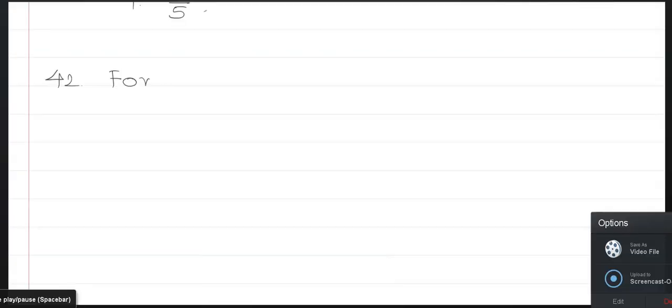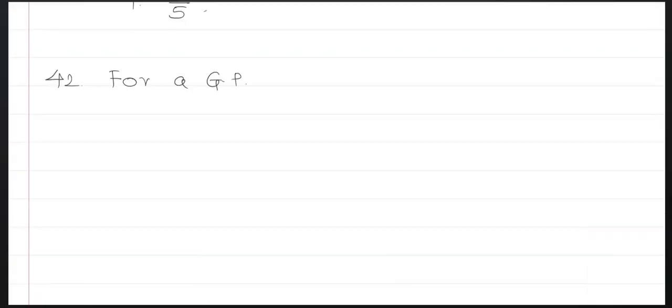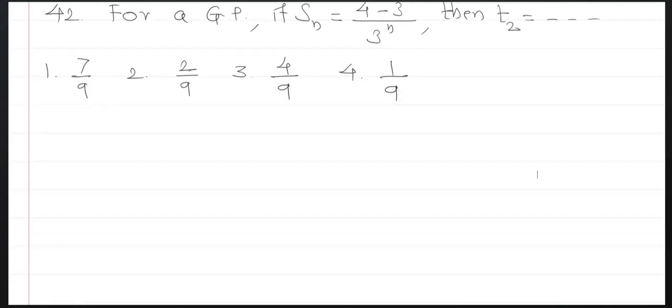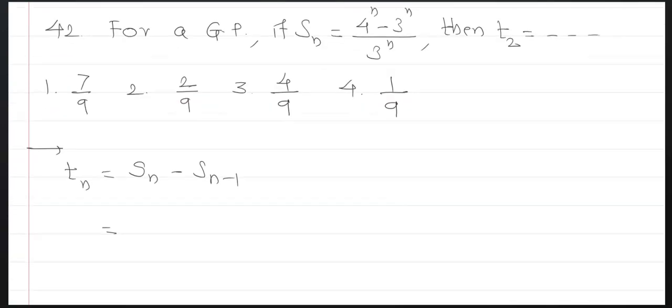Now next is 42. For a GP, if Sn is equal to 4 raised to n minus 3 raised to n upon 3 raised to n, then T2 is, it's a very simple question. From the 11th standard, Tn is equal to Sn minus S(n-1).